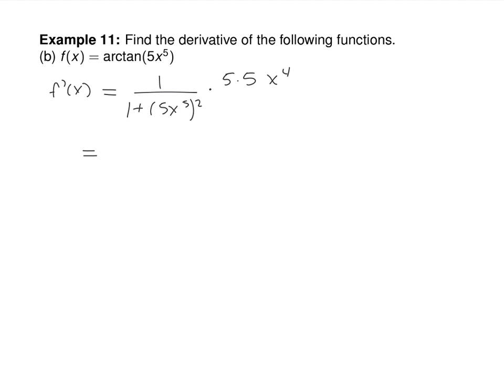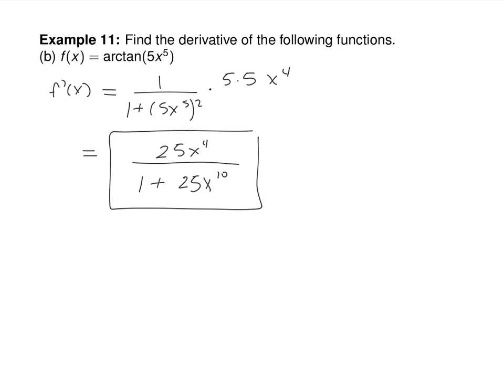So your numerator is 25x to the 4th. What's your denominator going to be? 1 plus? The x to the 10th is correct. 25. Can those 25s cancel? No, don't kill any kittens, okay? Killing kittens is bad.